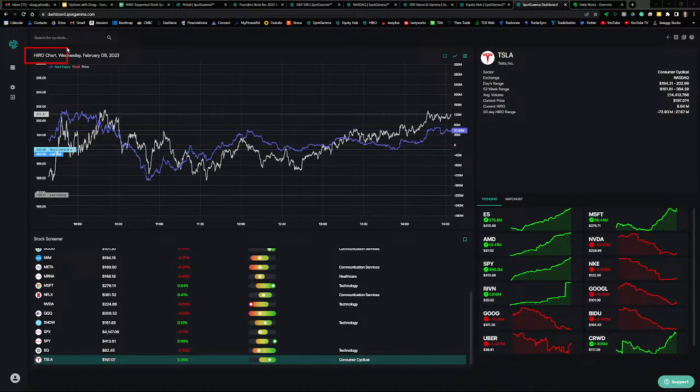So they provide static data, and then that's updated during the day with this HIRO chart showing what traders are doing with options. They're buying or selling puts and calls, and how market makers are responding to those trades. And that's the hedging impact. So again, two components to my process. The one is planning based on static data, and then this real-time component with order flow in Bookmap, and real-time hedging flow with HIRO.